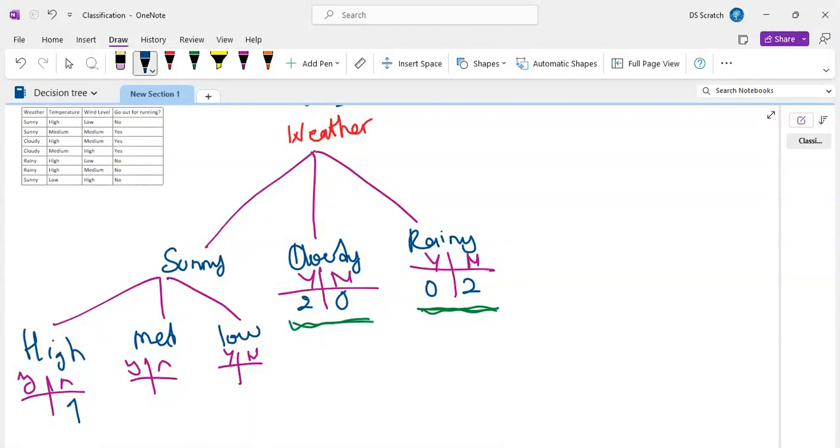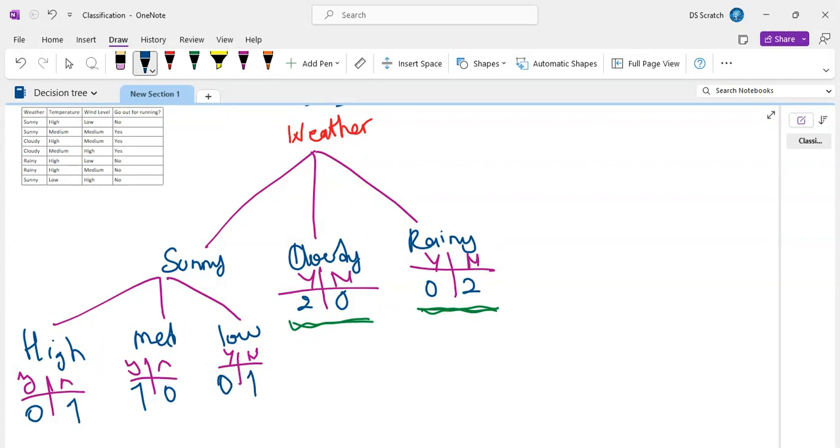And for the medium temperature, if it is sunny and the temperature is medium, one person will go out and zero will stay inside. And for the low temperature, if it is sunny and the temperature is low, one will stay and zero will go out.